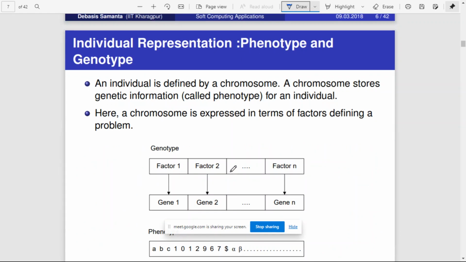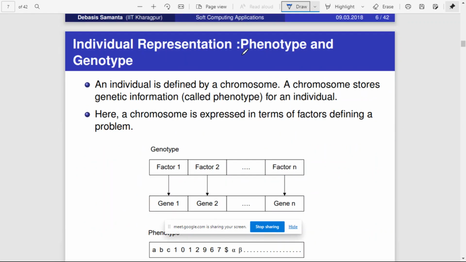And then here we will be using 2 terms. One is called phenotype, the other one is genotype. An individual is defined by a chromosome. A chromosome stores genetic information.